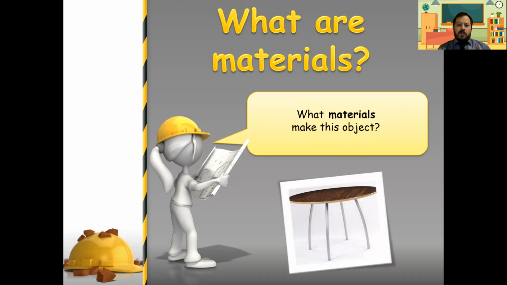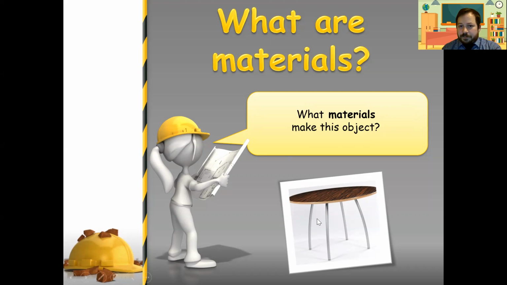So what materials make this object on the screen now? Have a quick look and just think about it. Pause for a second now. Okay, hopefully that was relatively straightforward, because you will have seen something like this before, and actually having a look at it, you can see that what you know already.